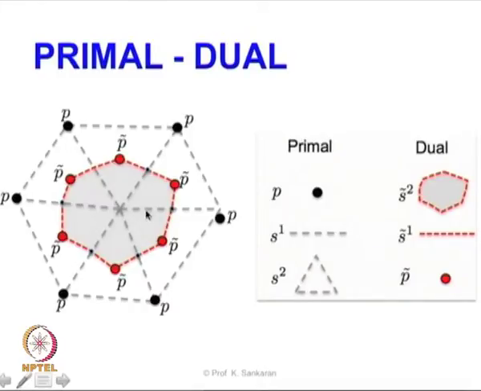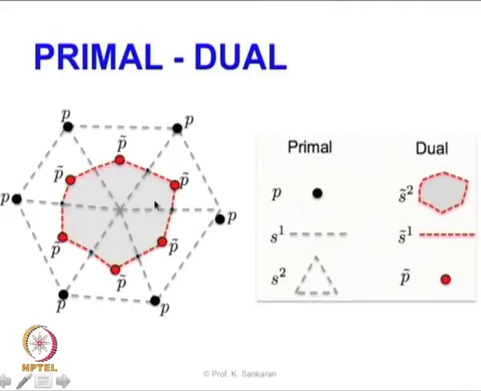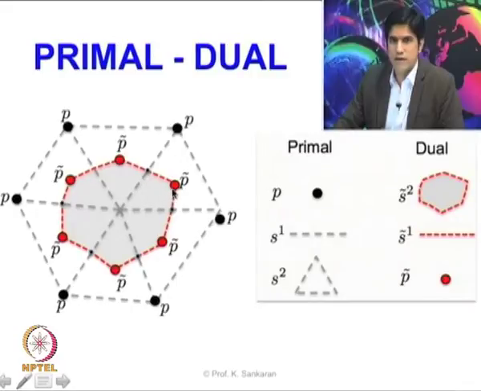Remember we said the dual of the surface in 2 dimension will be a point. So we have the surface here, and the dual of the surface will be this point. Remember we also said the dual of the line will be a line itself. So the dual of this line, this edge, will be this edge. And remember that the dual of the point will be a surface.